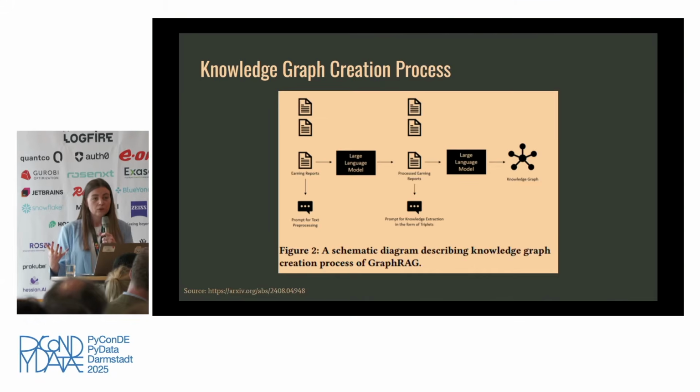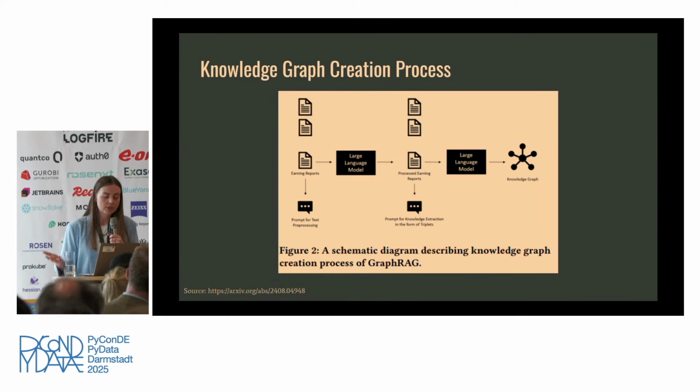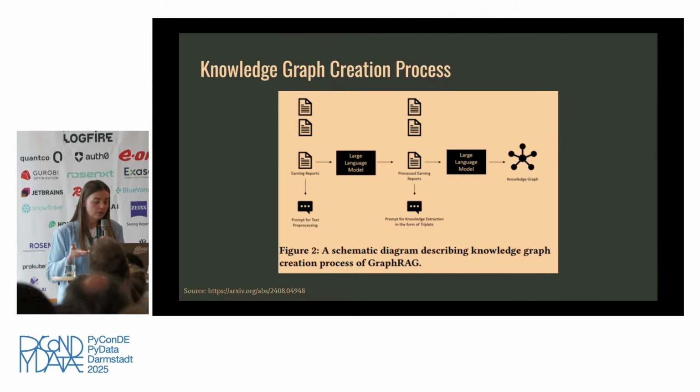But to create a knowledge graph, I just assumed we had a knowledge graph, but you need to create it first. And one possible approach is to use LLMs for the creation, because you need to have some entities. You need to have a relationship between entities. This creation step was mentioned in a paper speaking about HybridRAG.